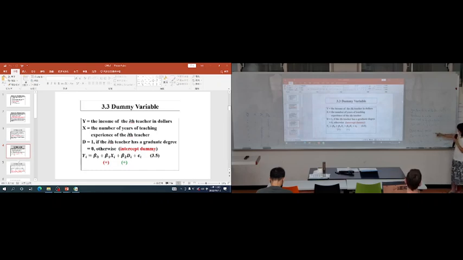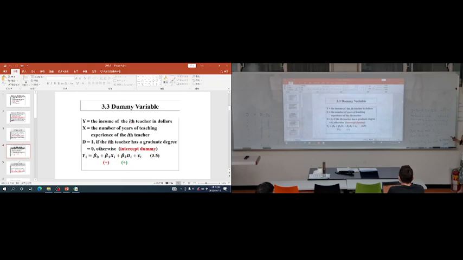Okay, what does this equation look like? Same intercept, same slope, right?